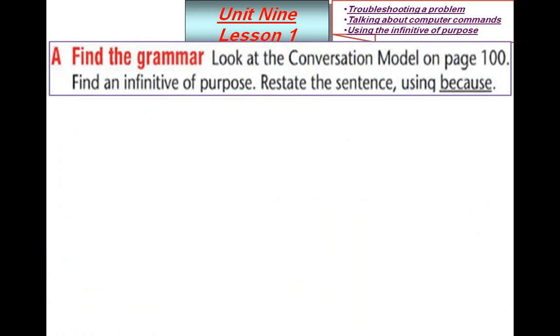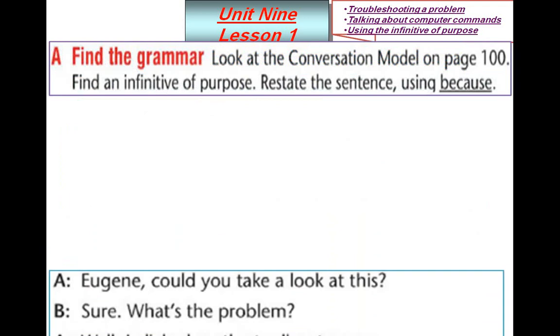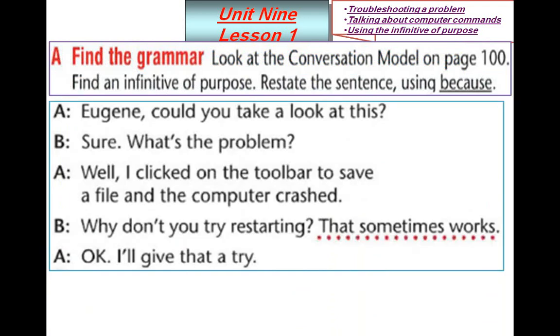Okay, now go back to the conversation model on page number 100 and find an infinitive of purpose. So what's the infinitive of purpose that we have here? Great. This part, I clicked on the toolbar to save a file. To save a file.